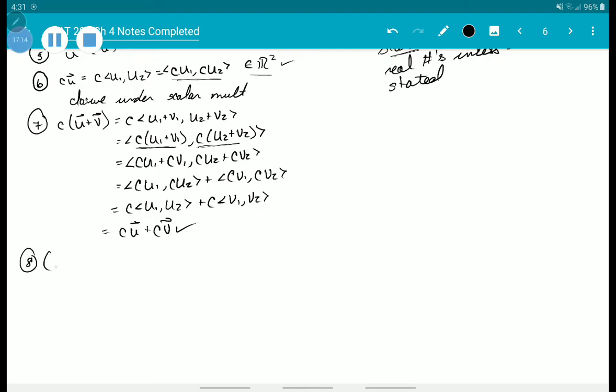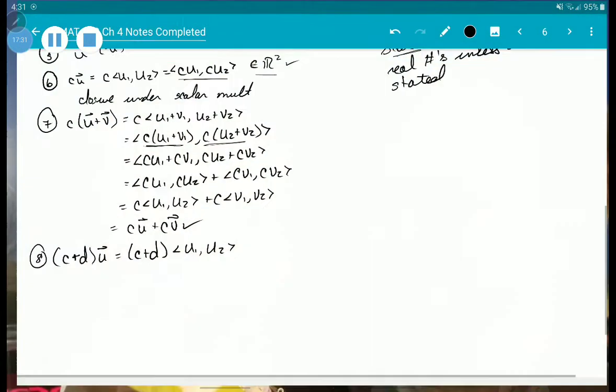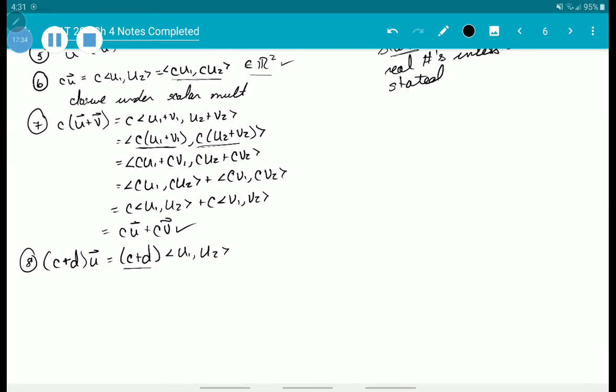Axiom 8 is another distributive property. Now we have two scalars. When you think about this sum, c plus d, think about it like a unit. If I multiply this number through, I would have c plus d times u1, and then c plus d times u2. Now I'm dealing with real numbers in the first and second components, so I can distribute.